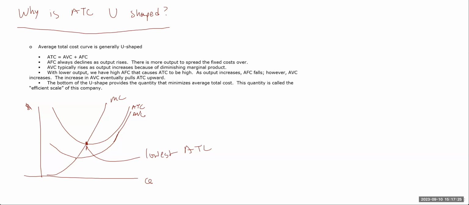When you're producing this much output, I'll put Q star, you have the lowest average total cost or per unit cost. That is called the efficient scale of operations. That's called the efficient scale because you have the lowest use of resources.